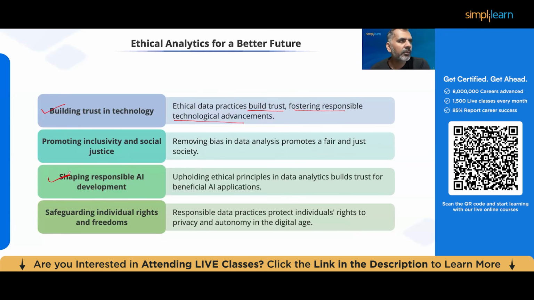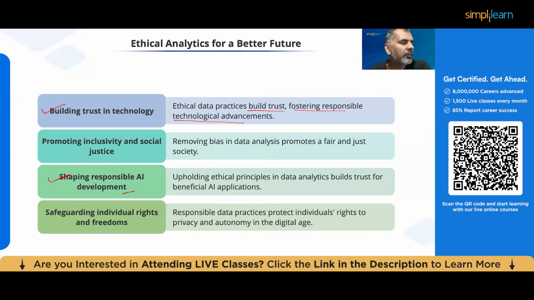Shaping responsible AI development. I think this is something I have already explained. When you introduce fair data in the model training, your model will give you fair judgment. If you introduce bias in the data, your model becomes biased toward a particular category, which is not good for society. So when we talk about introducing data ethics in the data analytics process, especially in developing models, it will help you shape responsible AI development.